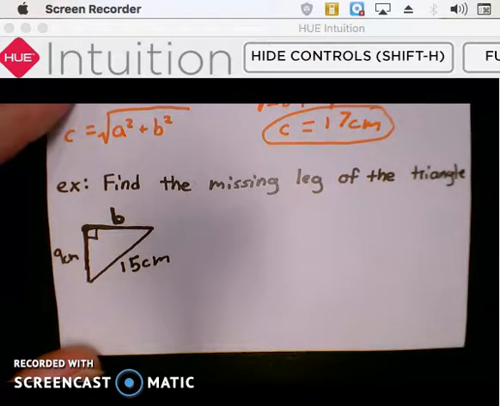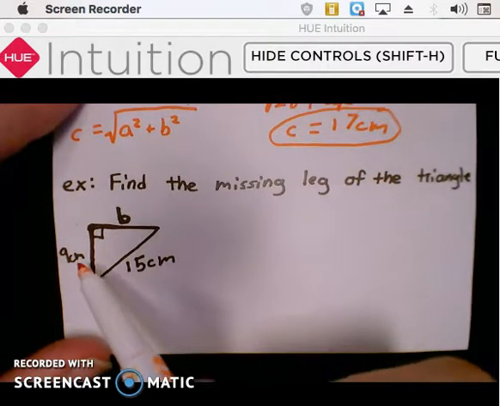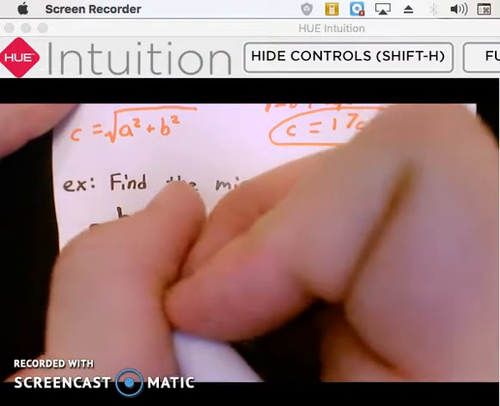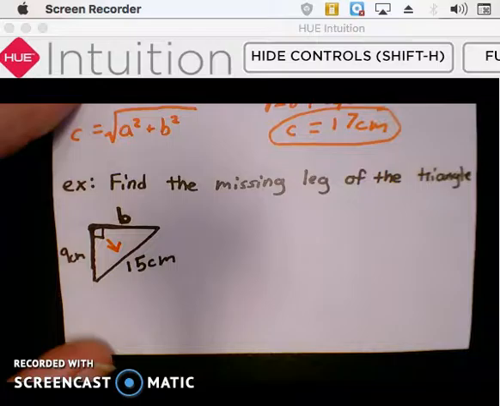All right, here's the second type of example. So finding a missing leg of the triangle. So I have 9 centimeters is one leg, B is the missing leg, and then over here, I know it's my hypotenuse because it's the longest side and it's across from the right angle.